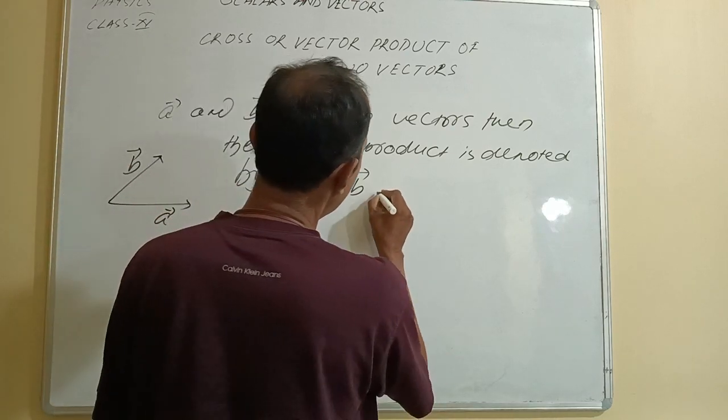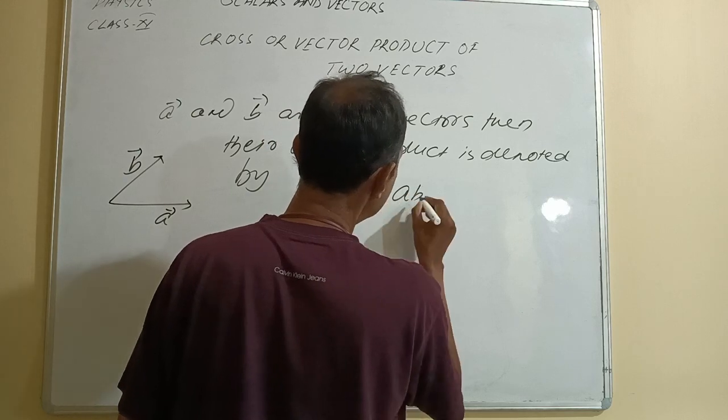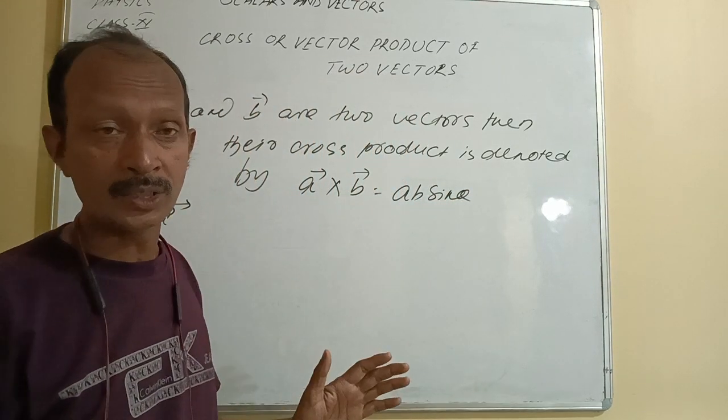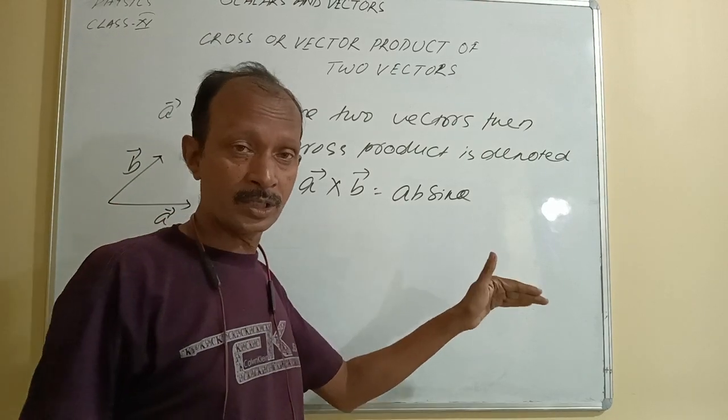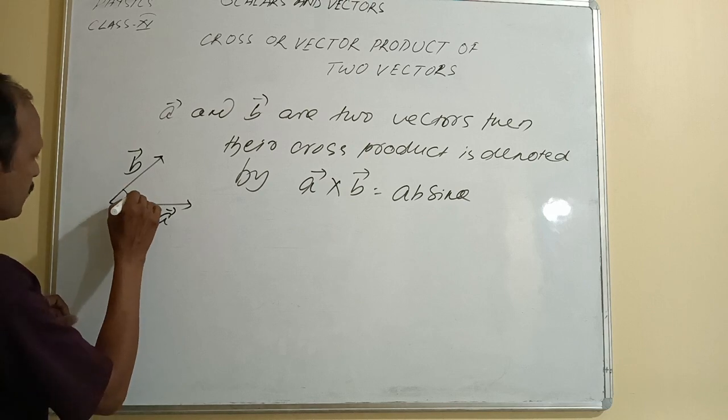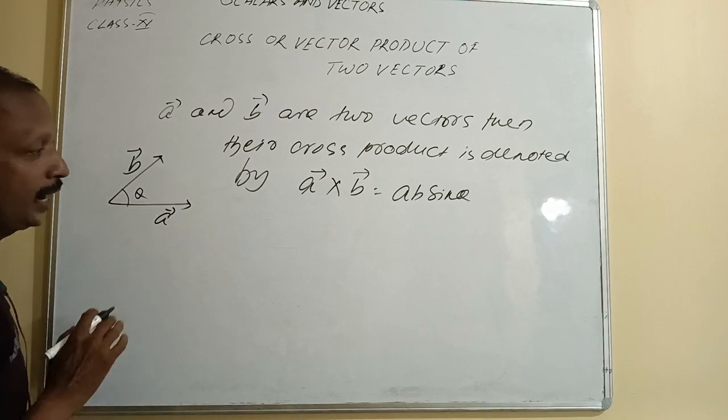Their product will be equal to AB sin theta. In dot product, it was AB cos theta, but in this case, AB sin theta, if theta is the smaller angle.